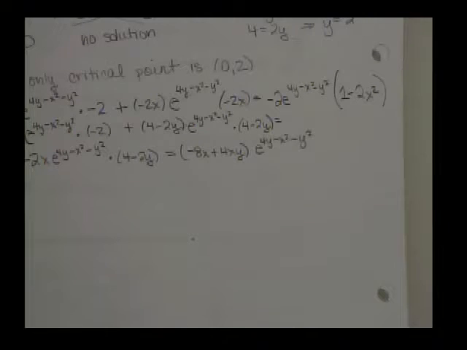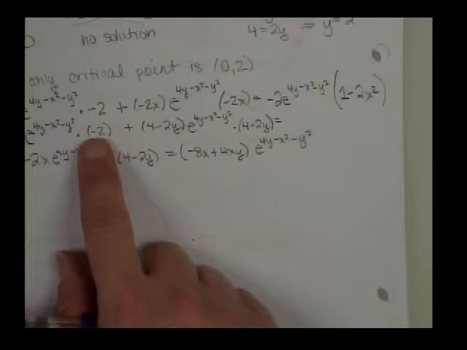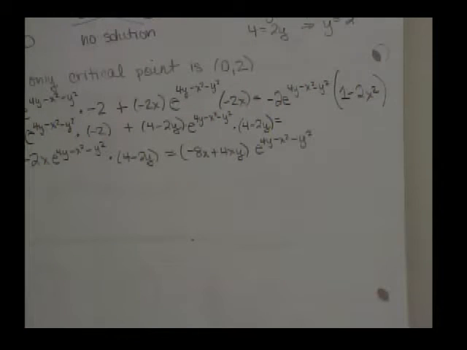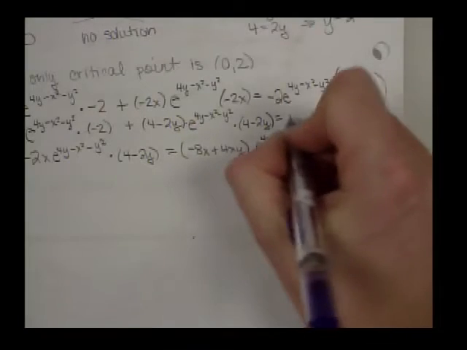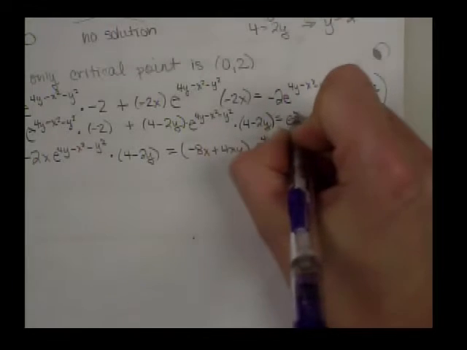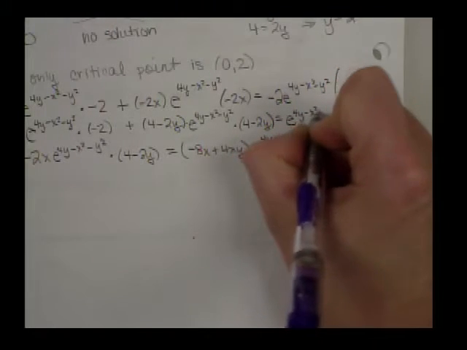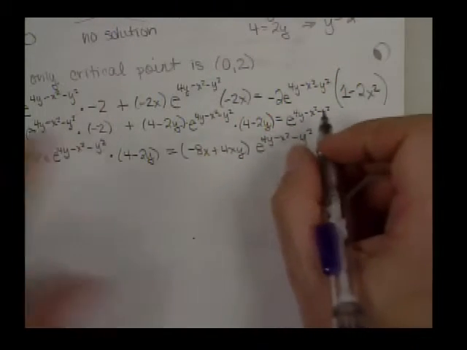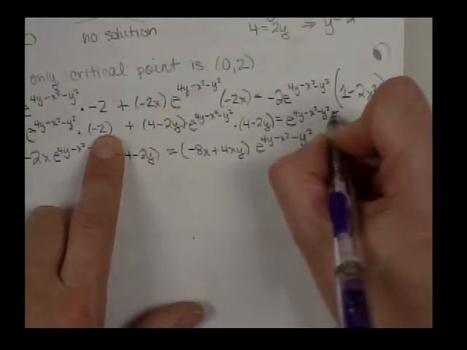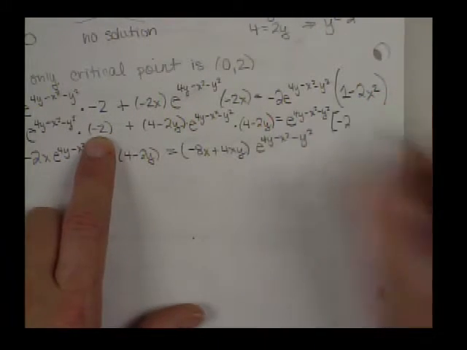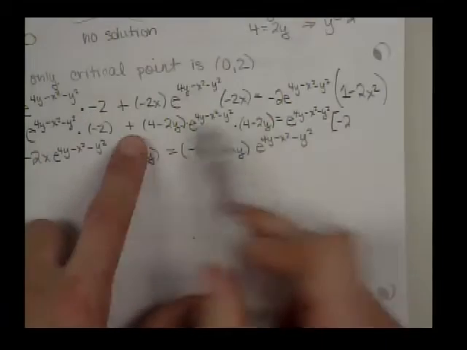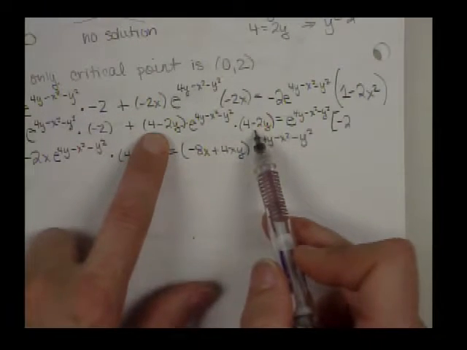I think for now I'm just going to factor out the exponential part. We could factor out a 2 or a negative 2 as well, but I'm just going to factor out the exponential. So then I would have negative 2 plus, and then 4 minus 2y quantity squared.